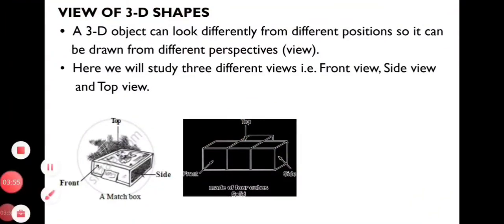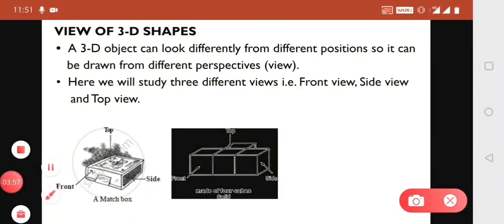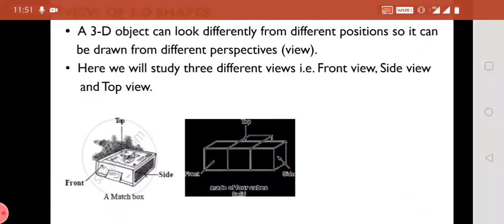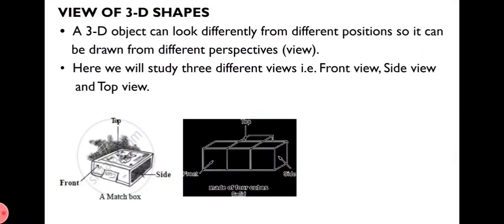Similarly, when we look from the side part, we can see 2 square faces of 2 cubes. That is, one this we can see and one of the backside cube. Here you can notice that these 2 square faces we can see from the side view. And then third is your front view.